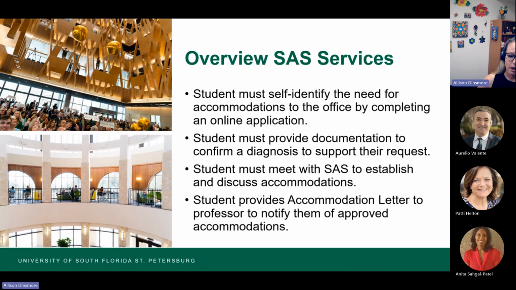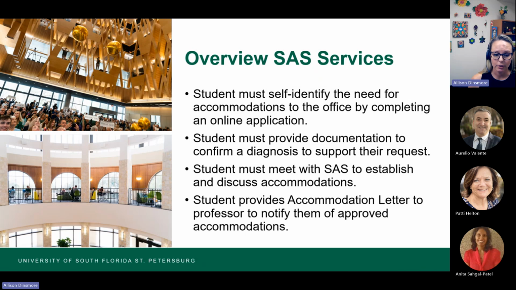For a student to receive accommodations at SAS, they must complete an online application to request their accommodations. They must provide documentation about their disability that supports their request. The student must meet with their SAS point of contact to establish accommodations and have those approved. We also discuss with students how to use those accommodations during that meeting.